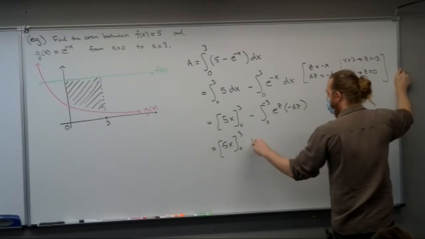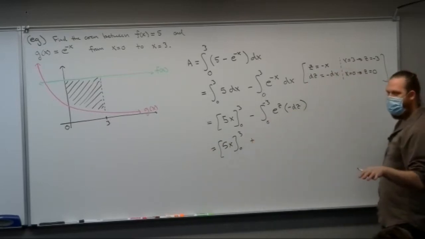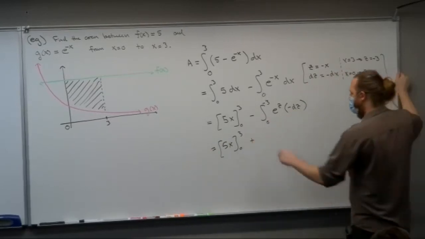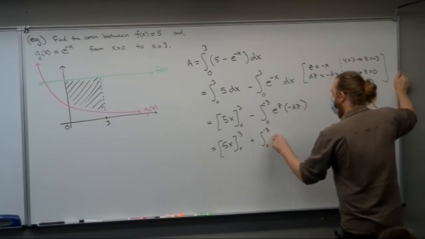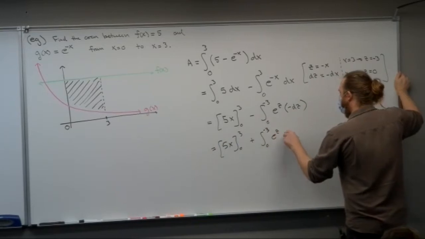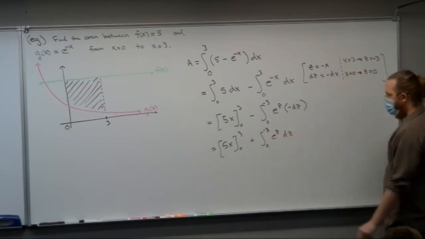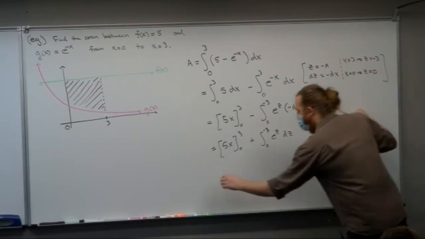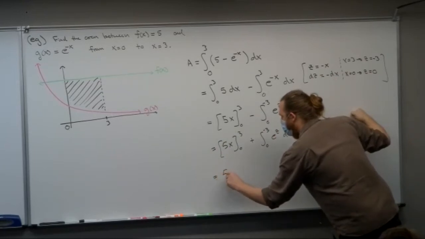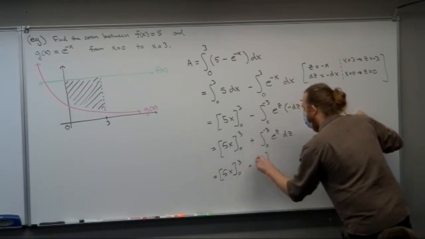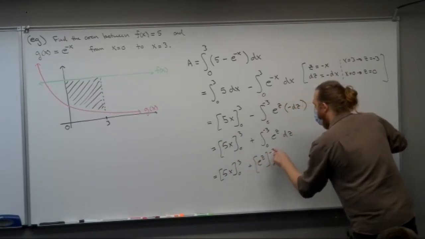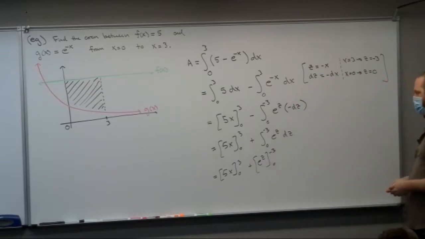You can pull it out, and that makes us a plus, just like Daniel was saying. And this is still 0 to negative 3, and then I just have e to the z dz. Antiderivative for e to the z is e to the z. And we evaluate that from 0 to negative 3.